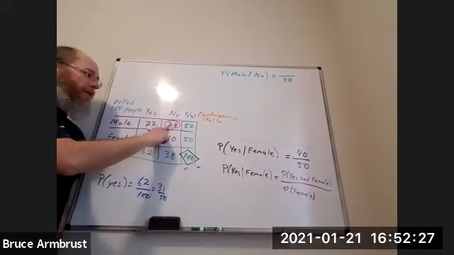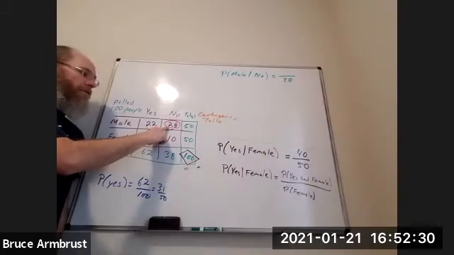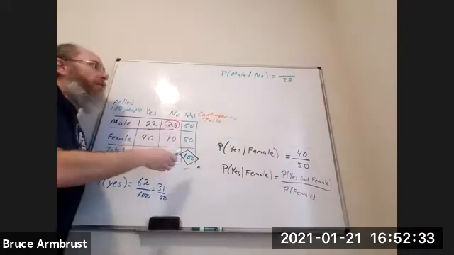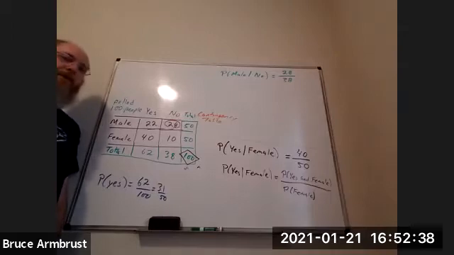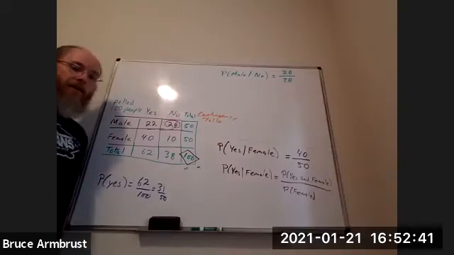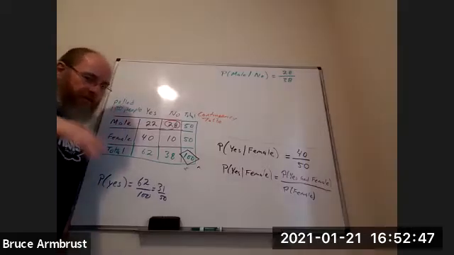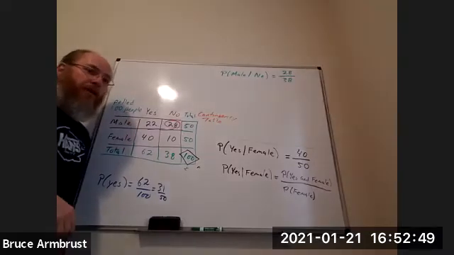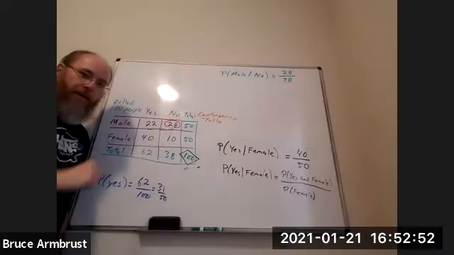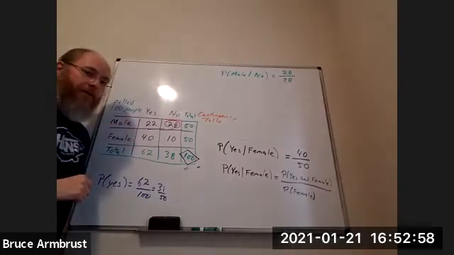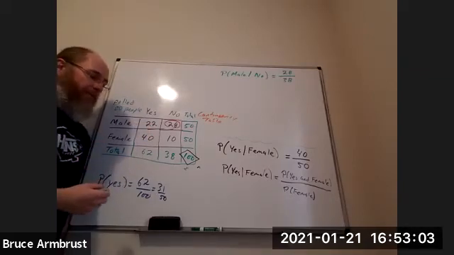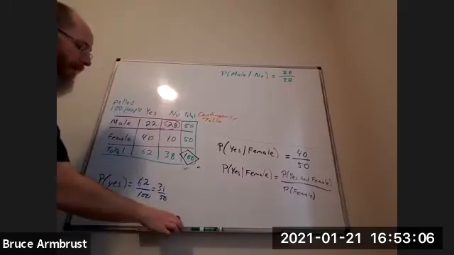So how they just put in the box? 28. 28 are the males who said no. So there's the probability that someone is male if they said no. All right, so conditional: just restrict yourselves to, okay, I'm only there. I've reduced my number of possibilities, but then within those possibilities, what do I have? All right, so there's using a contingency table.